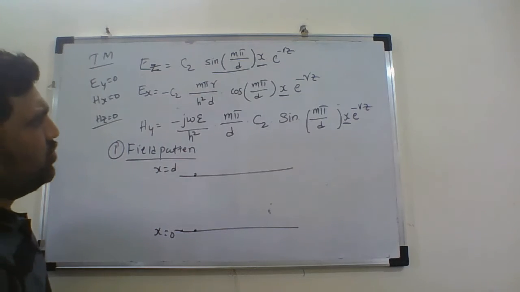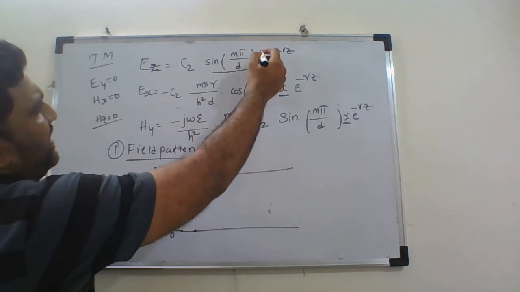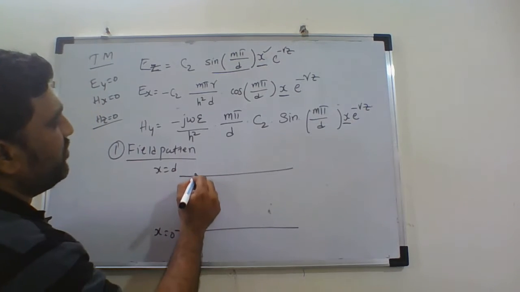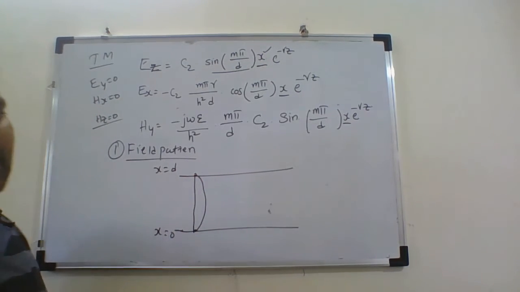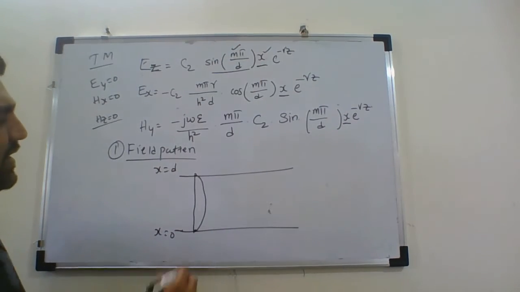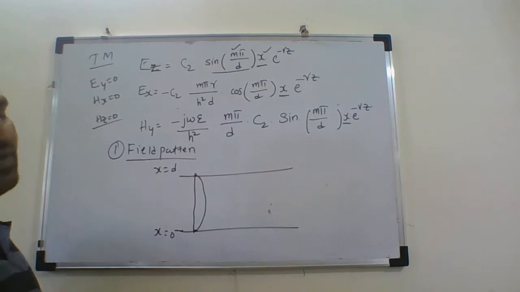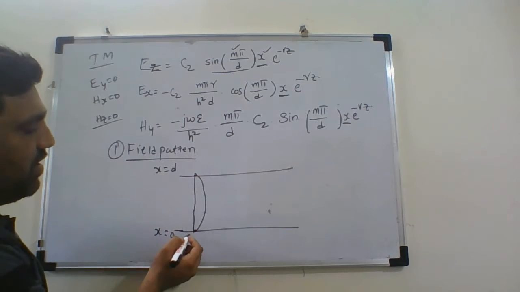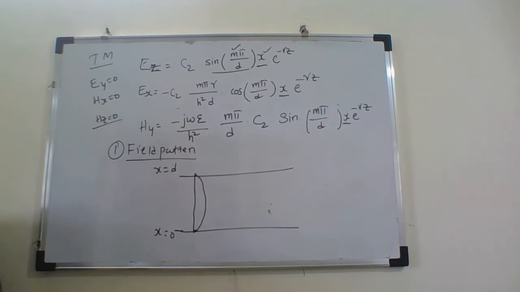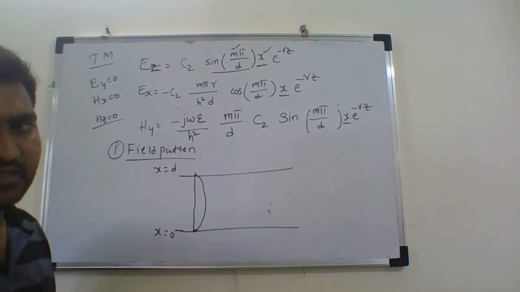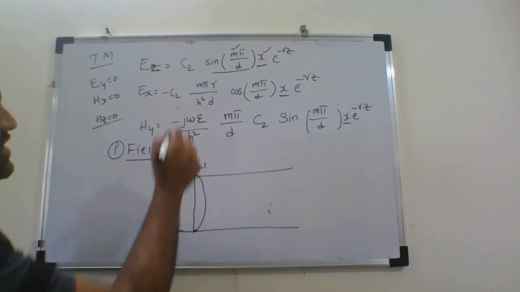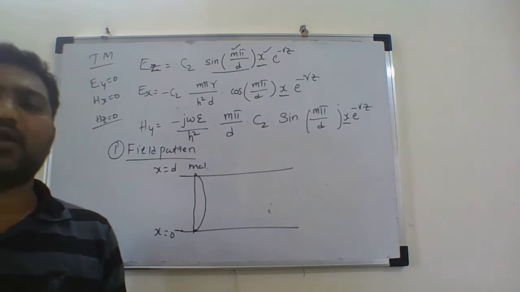In the remaining region, as I vary the value of x, Ez varies as a sinusoidal signal. Depending upon the value of m, we will see the variation of Ez in terms of half cycles. If m equal to 1, the variation of Ez will be one half cycle.